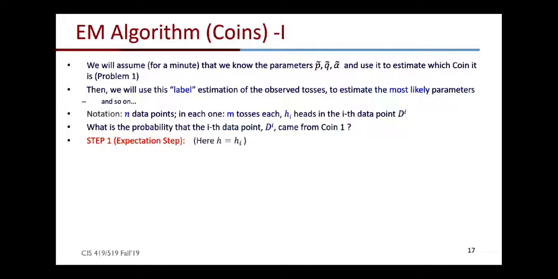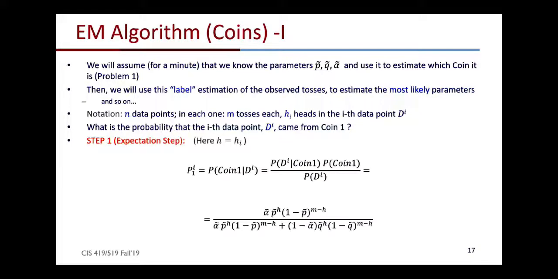We're going to call this the expectation step, and you can compute it. So I'm denoting it here, P1i, the probability that the ith data point came from coin 1, or the probability that this data point, d_i, came from coin 1. And we know how to compute it, right? This is Bayes' rule. It's P of d_i given coin 1 times P of coin 1 divided by the probability of the data. P of coin 1 is this alpha hat here. That's the guess parameters.